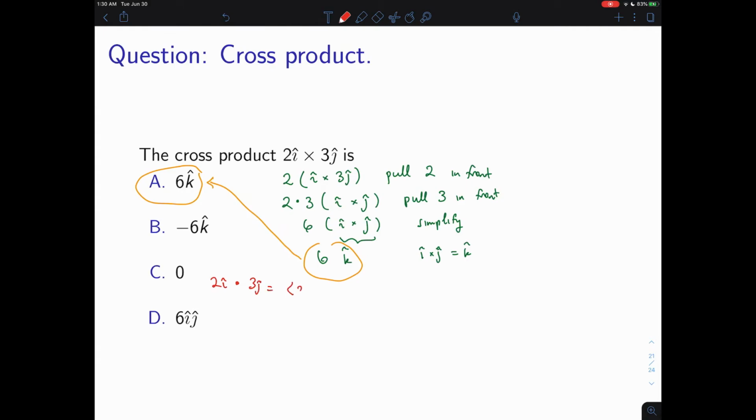If I dot producted 2i dot 3j, that would be 2, 0, 0 dot 0, 3, 0. And for a dot product, I would get 2 times 0 plus 0 times 3 plus 0 times 0. So we get 0 plus 0 plus 0. It would be 0. So maybe that student did a dot product.